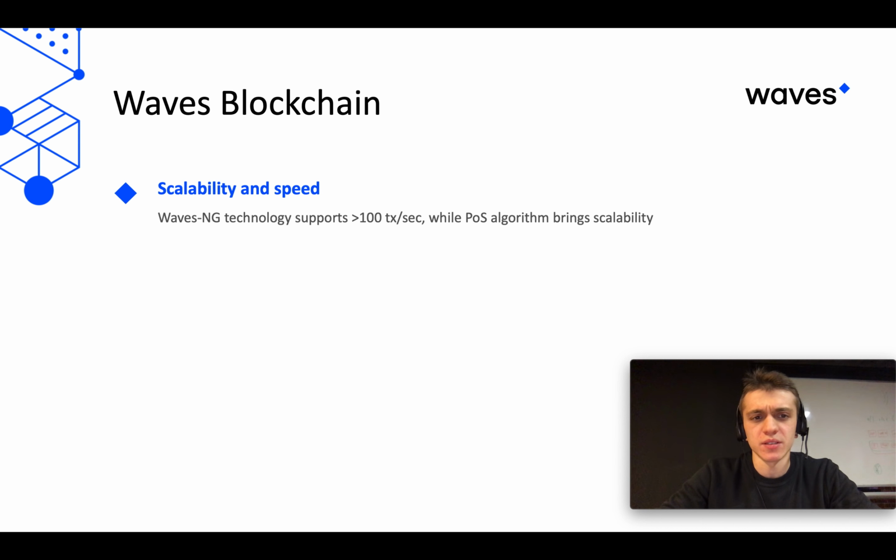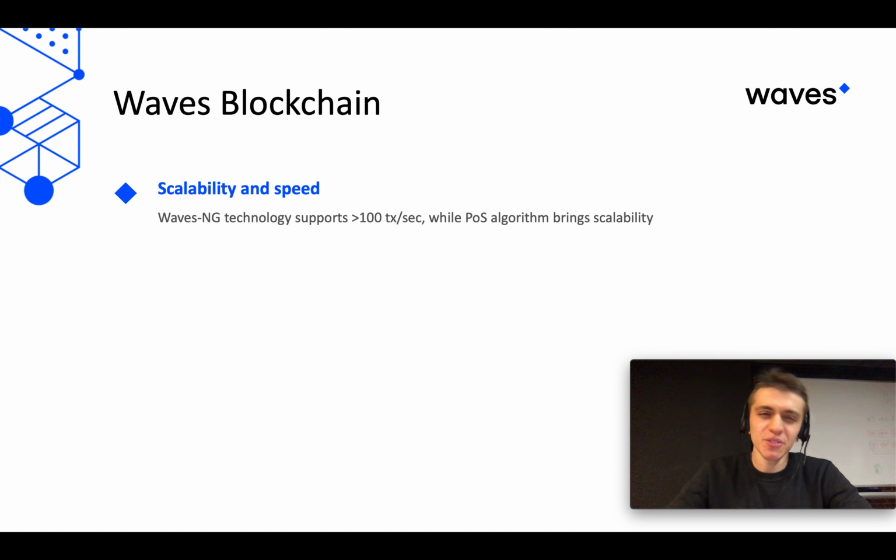Because there's a technology called Waves NG. In 2015, there was a paper called Bitcoin-NG, Bitcoin Next Generation. That paper describes how we can improve the speed of Bitcoin. Bitcoin isn't implemented, but Waves implemented it, and now it's Waves NG, and this technology allows handling many transactions per second.